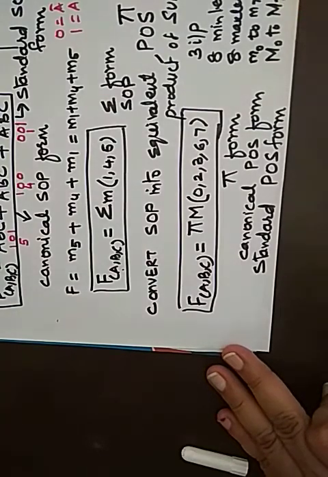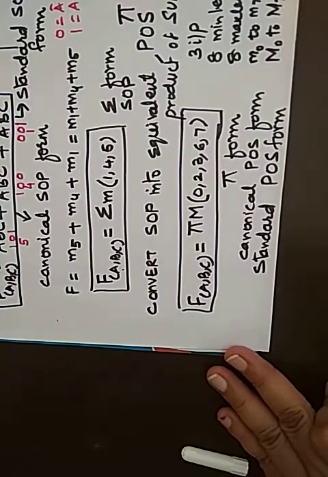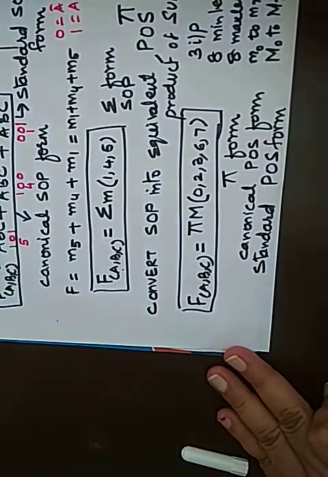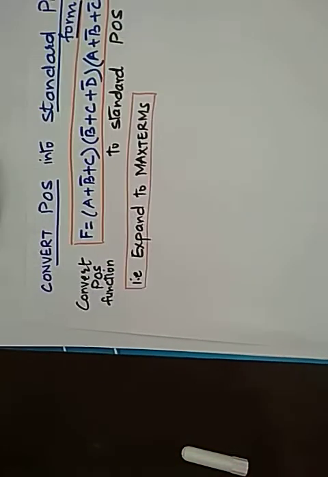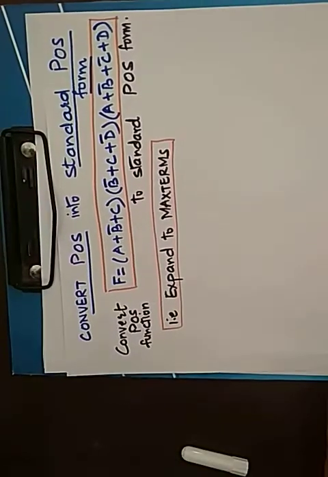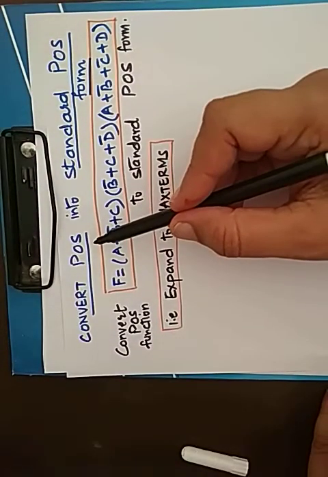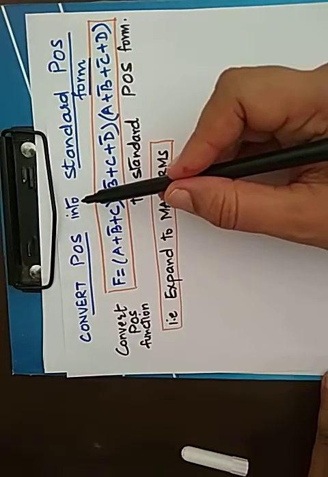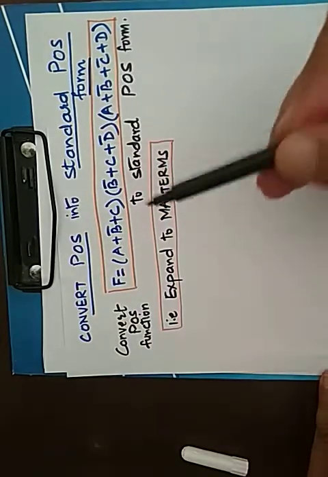Let us see what is the understanding of this pi form. If this is understood, let us do the second part, the converse, which would say that the given function is a POS function. It is required to be converted into standard POS form.